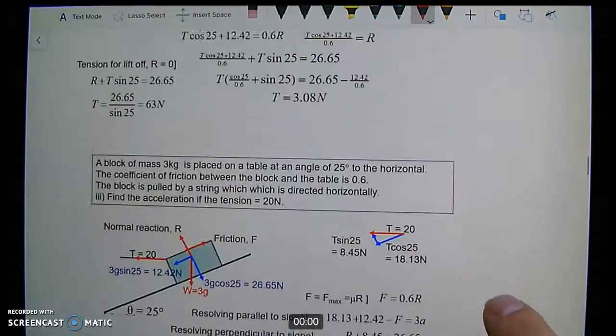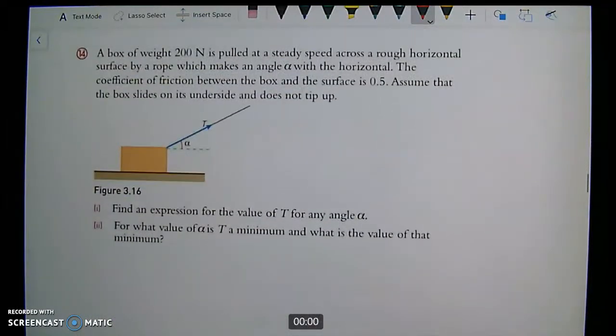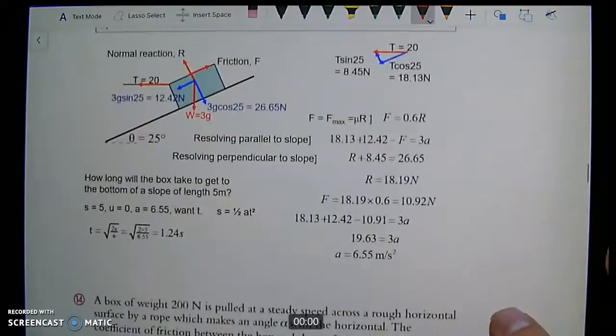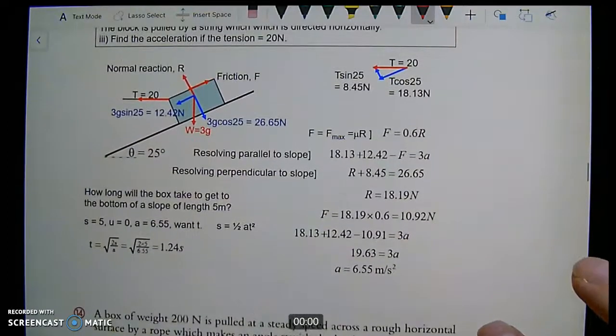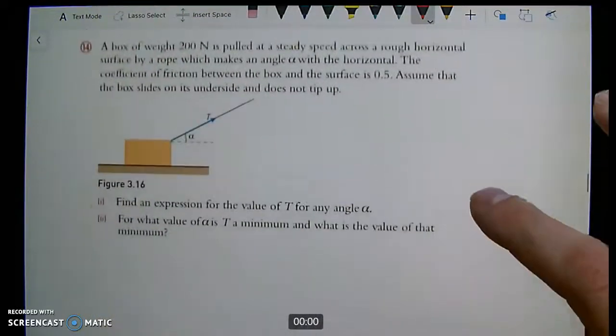So if within the friction OneNote you scroll down to just below the notes from the PowerPoint, all these PowerPoint notes are examples we went through in the first half of this term.